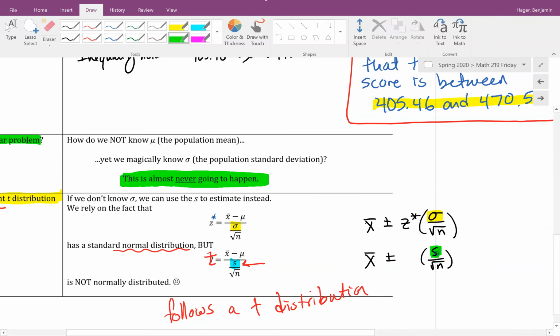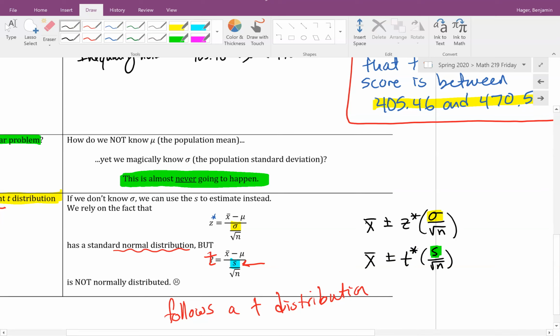The only problem is when we do that, my sample means are no longer strictly adhering to a normal distribution. It changes a little bit, and it's actually going to follow what we learned was called a t-distribution.